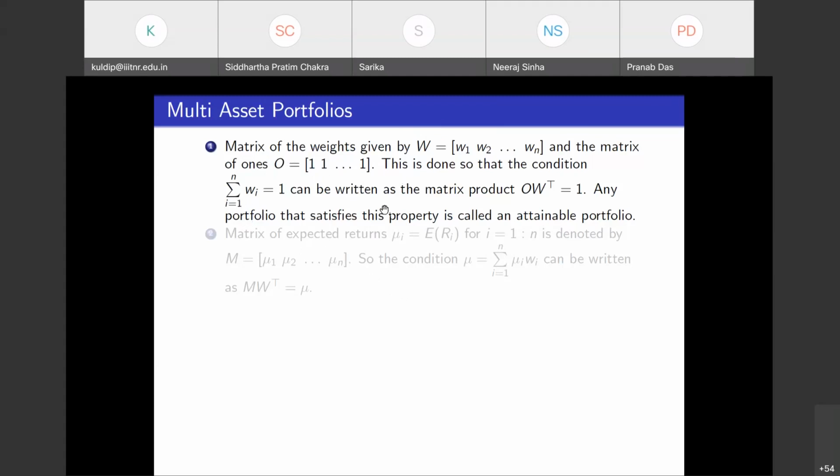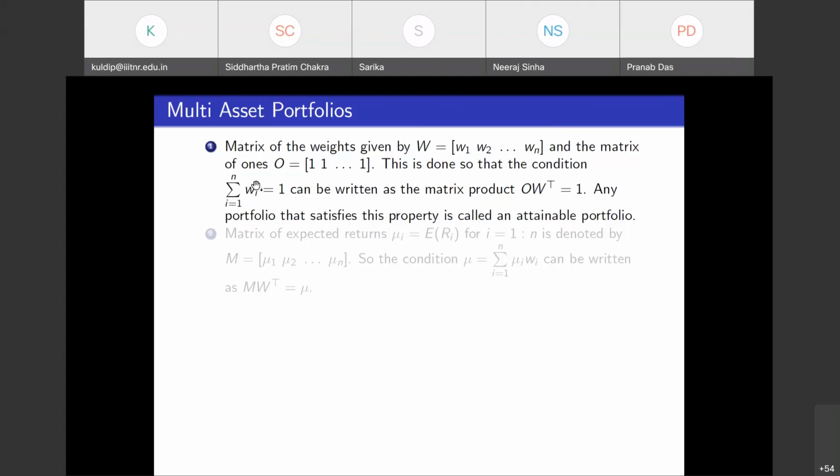So what is the first condition in terms of weights? The condition on weights is the summation of Wi, i equal to 1 to n, equals 1. And this can be written as O W transpose equal to 1. Remember, this O is a 1 by n matrix. W transpose is an n by 1 matrix. So O W transpose is just a number. It will be given by 1 times W1 plus 1 times W2 and so on.